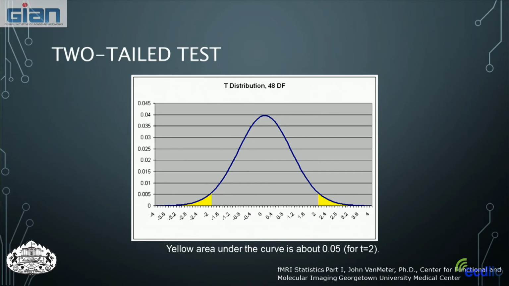But say we want to say, okay, maybe this isn't true. Maybe our intensity values are actually less when the person is tapping their thumb than when they're still. In this case, we would have to look at both tails of our t-test, okay? So we could assume that thumb tapping may cause an increase in activation or a decrease in activation. So we'd have to look at a two-tailed t-test.